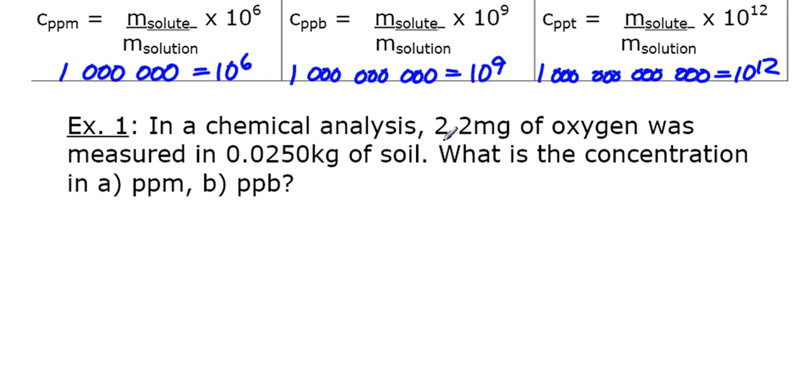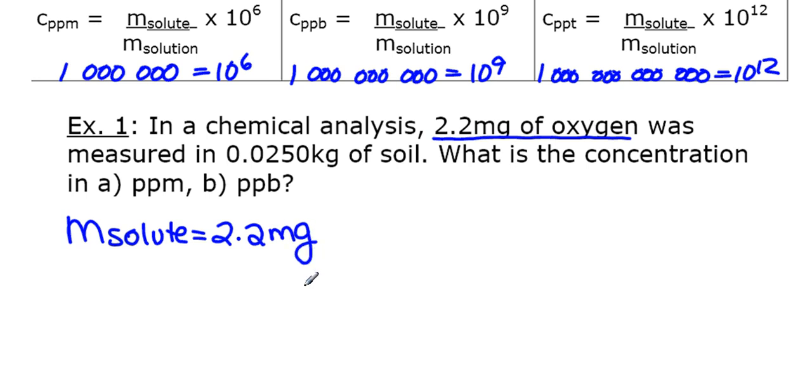So let's take a look at what we have. We've got a small amount of oxygen in a big sample of soil. So the oxygen here has to be our solute. This question says it was measured in 0.250 kilograms of soil.